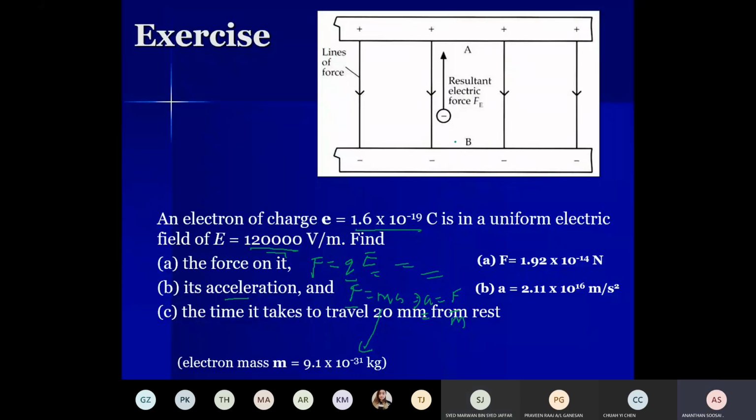That means it's going up for a distance of 20 mm, moving vertically up for 20 mm. They are asking what is the time taken.